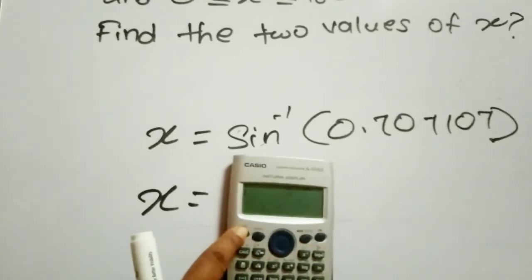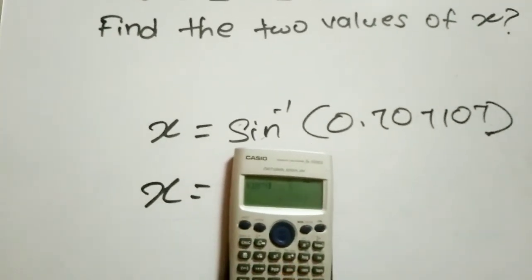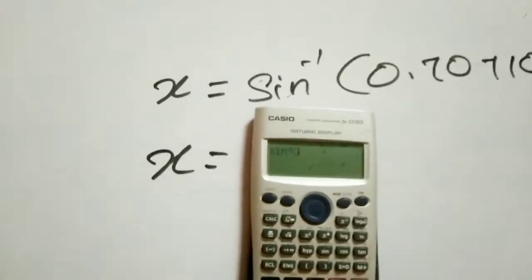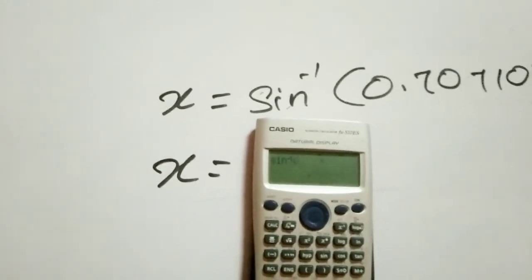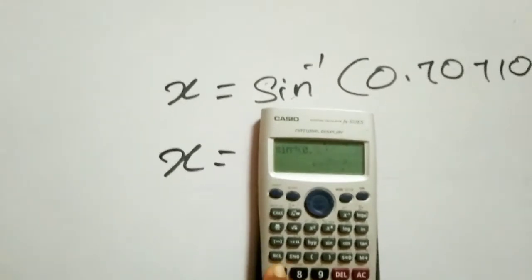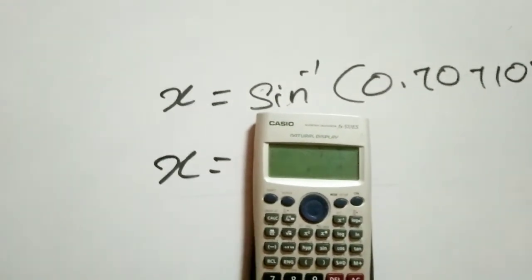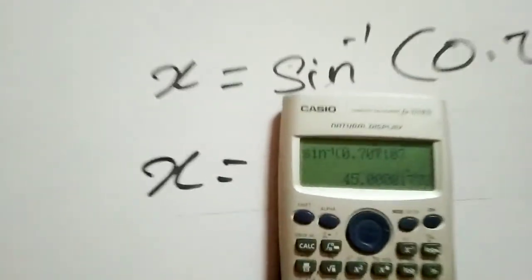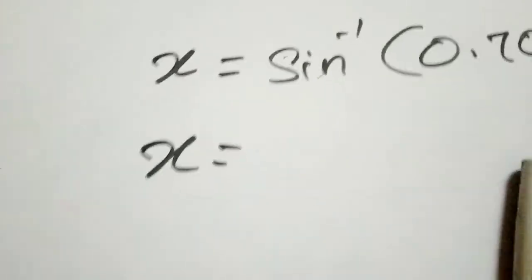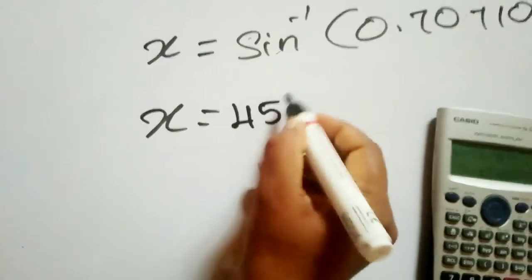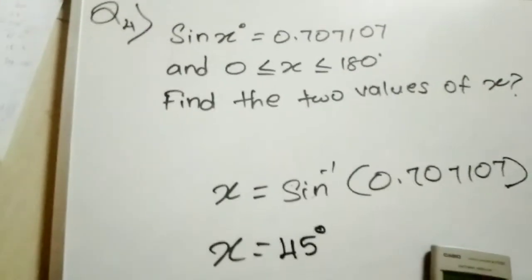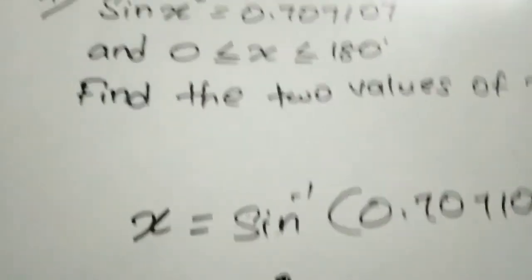Sin inverse: first shift sine, then you will get sine inverse. Sine inverse 0.707107 is equal to 45. So x is 45 degrees. The value of x is 45.